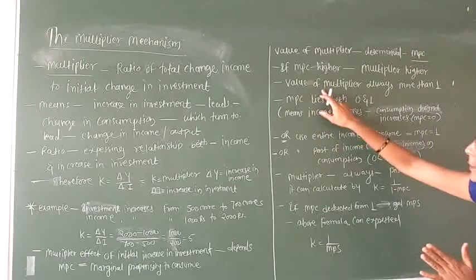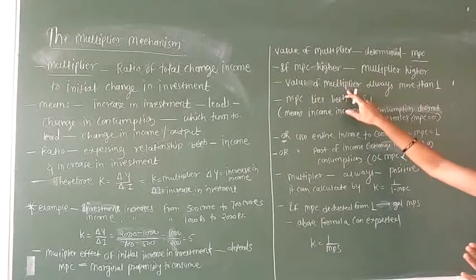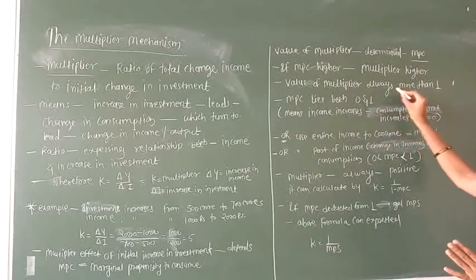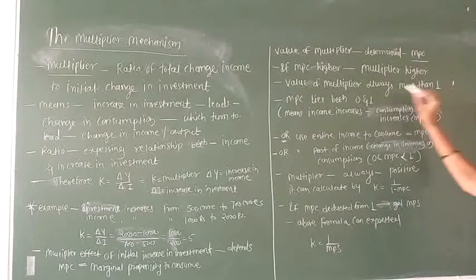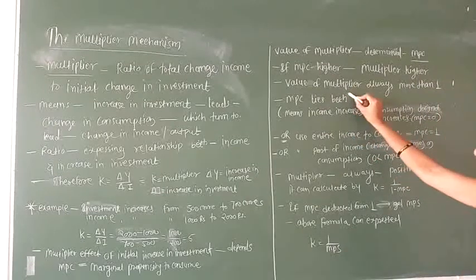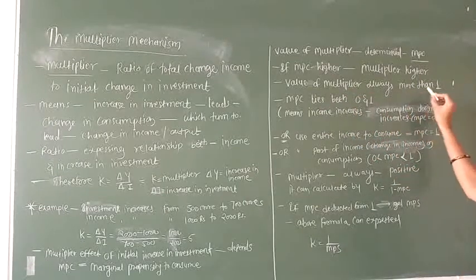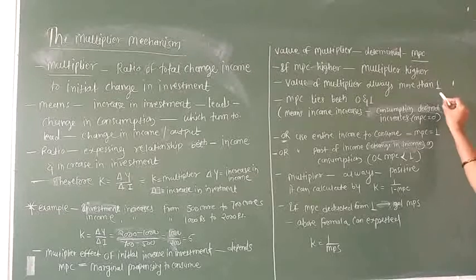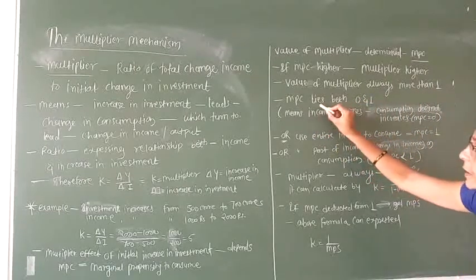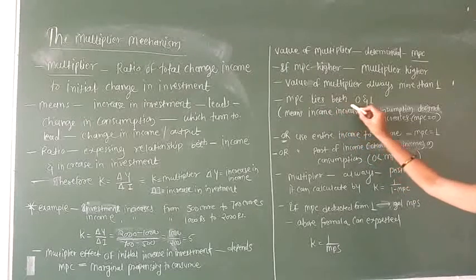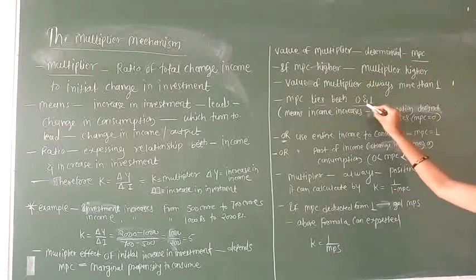The value of the multiplier is always more than 1, which is very important. And the marginal propensity to consume lies between 0 and 1.